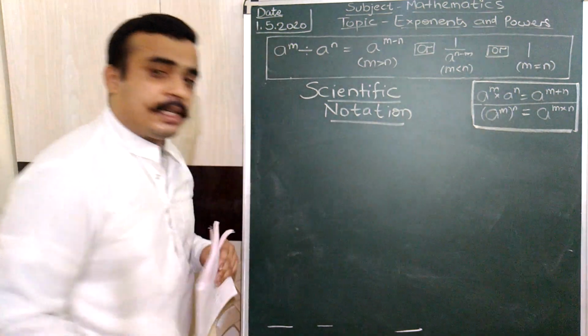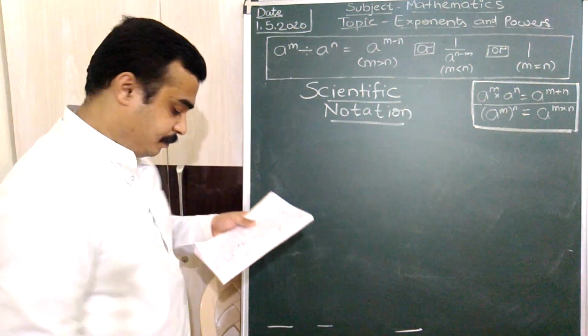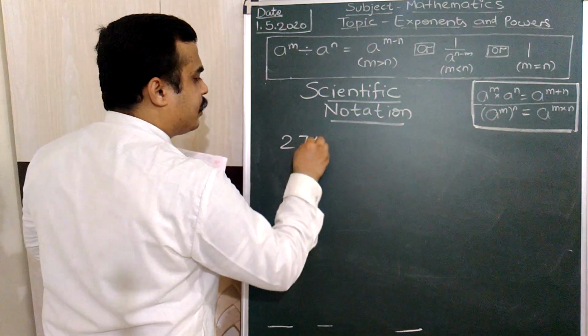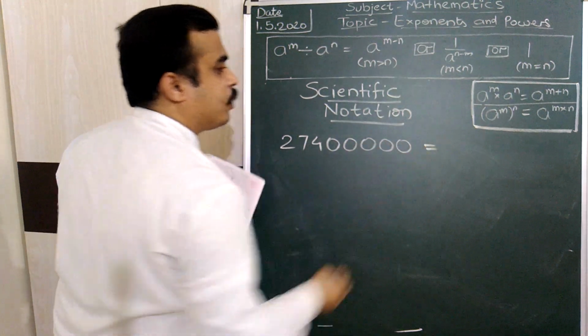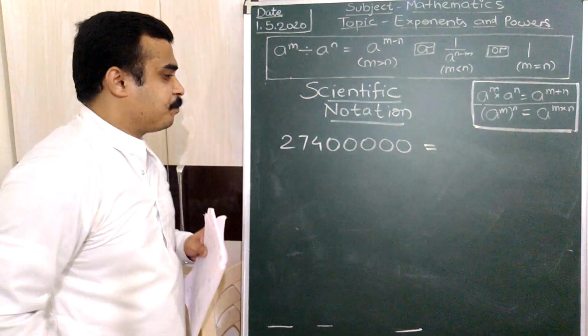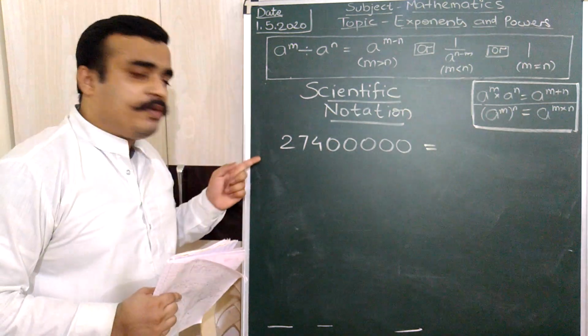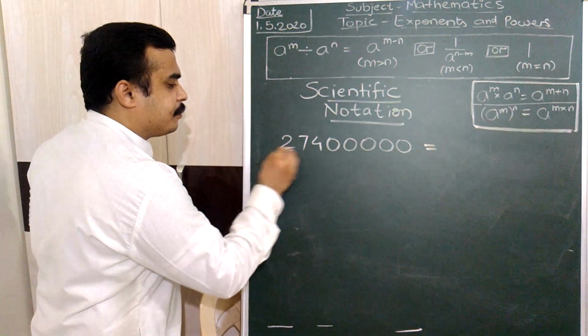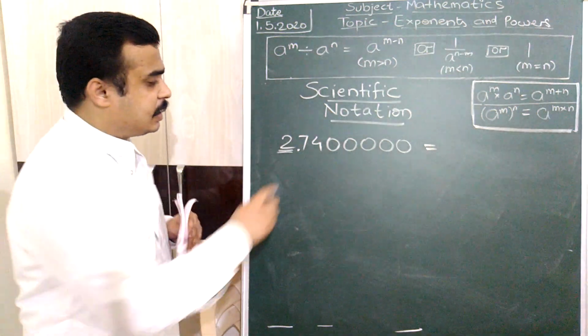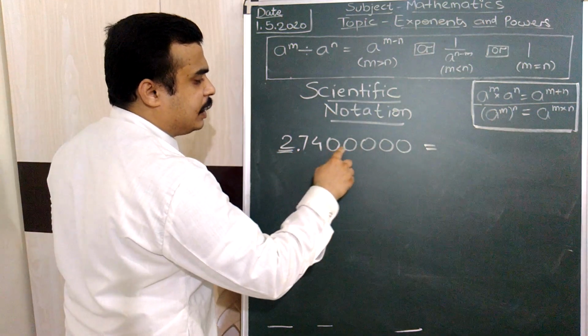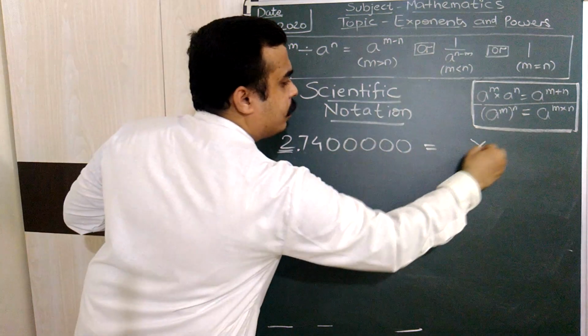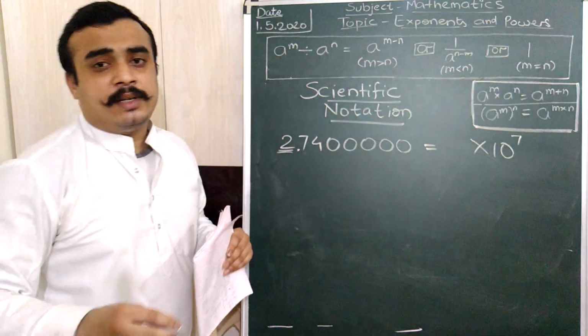So the last example we will see for the scientific notation. Suppose we have 2740000, and we have to write its scientific notation. So what we will do, we will leave the first digit. We will keep the decimal point. Just for understanding we are doing this. Okay. So how many places are there? 1, 2, 3, 4, 5, 6, 7. So that will become 10 raised to the power 7.